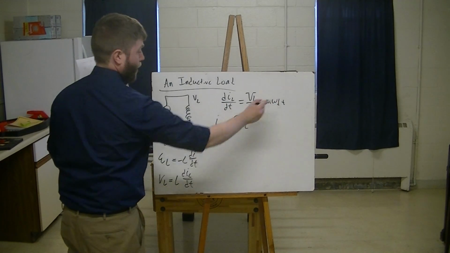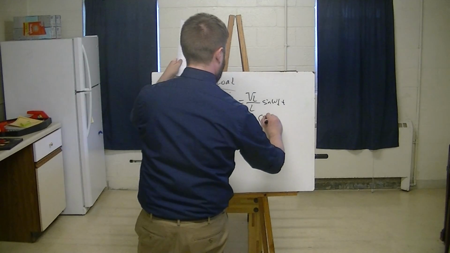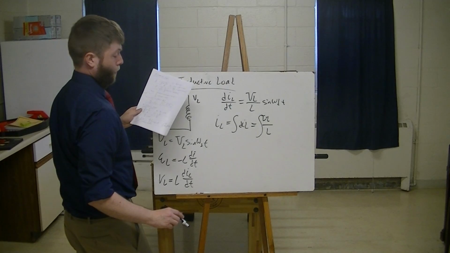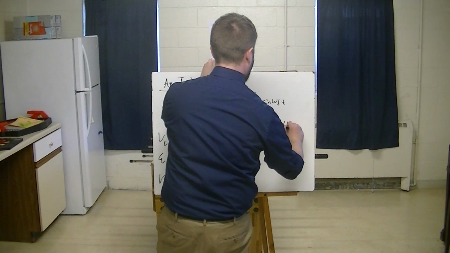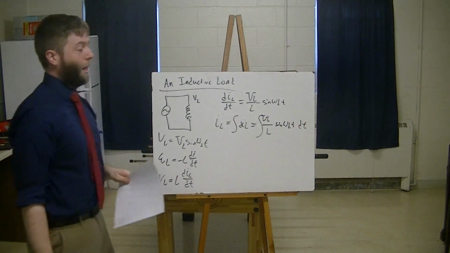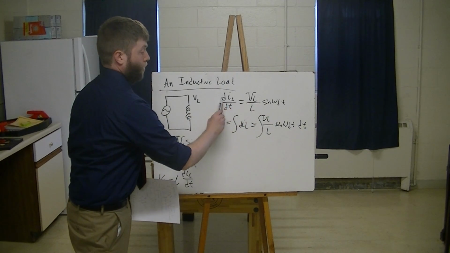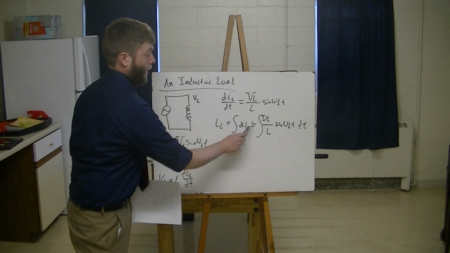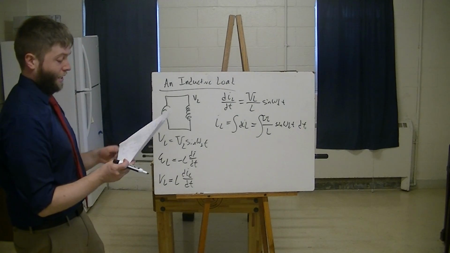The dt came over to this side, and now what that gives me is the integral of VL over L, where capital VL is standing in for the amplitude of the voltage, times the sine of omega dt, dt. Okay, that was a lot. I need to integrate this in order to figure out the total current, and that means I have to integrate this side with respect to dt.